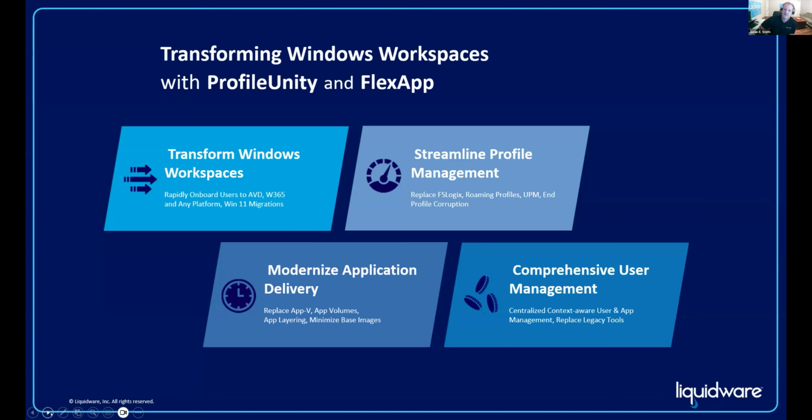And it gives you one single way to manage users across any platform, virtual, physical, or cloud, and across Citrix or Omnissa or Digen, or fill in the blank, any way you deliver Windows. That's a false promise of the competition. We really deliver this on any way you deliver Windows, even offline.